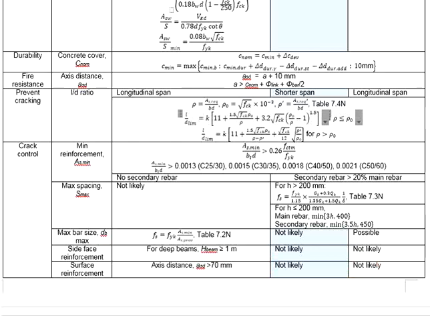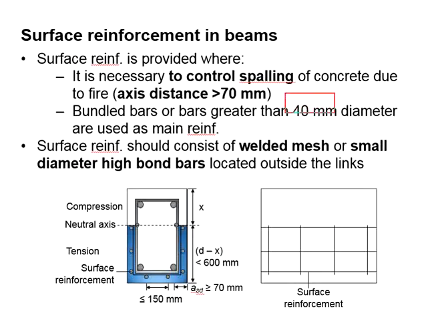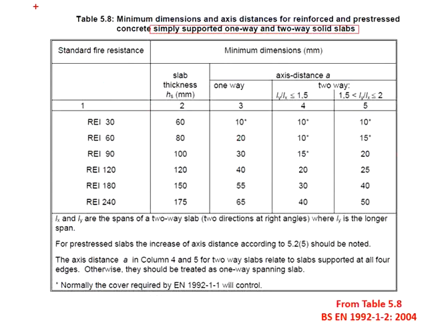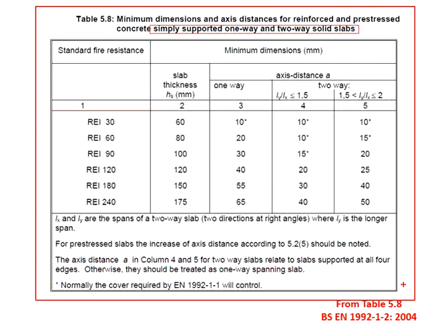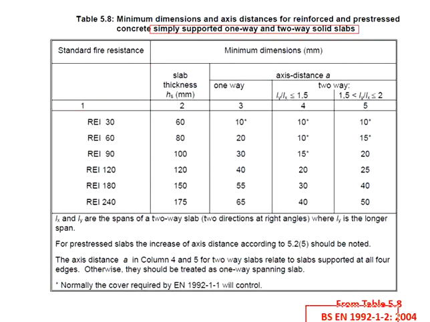and the staircase. First, for slab and staircase, it is quite rare that we have the bar size of more than 40 mm due to the relatively large cross-sectional area, and it is also quite rare to have the axis distance more than 70 mm. This can be seen from Table 5.8 of Eurocode 2 Part 1-2, giving you the minimum dimensions and the axis distance.